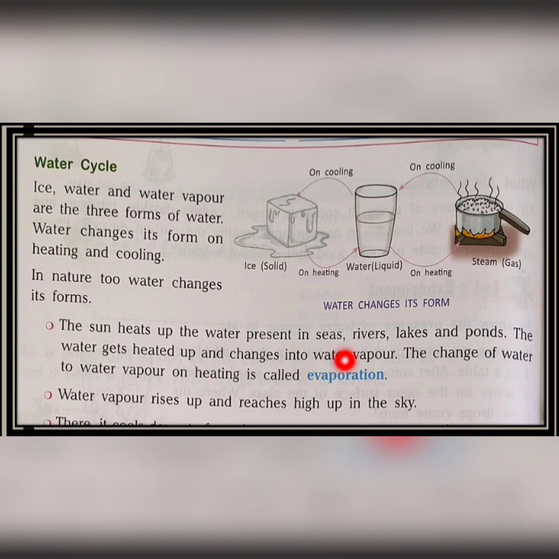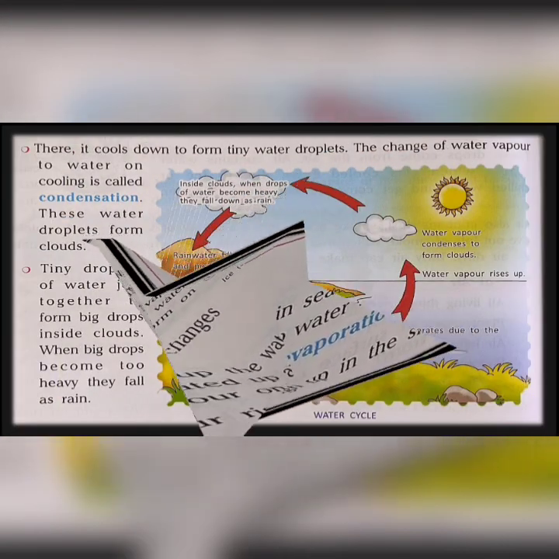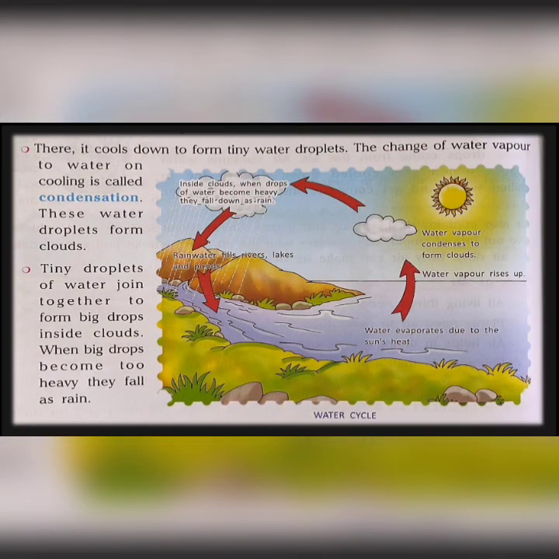Then that water vapor rises up and reaches high up in the sky. There it cools down and forms water droplets. The change of water vapor to water on cooling is called condensation, as I have already told you in a previous slide.